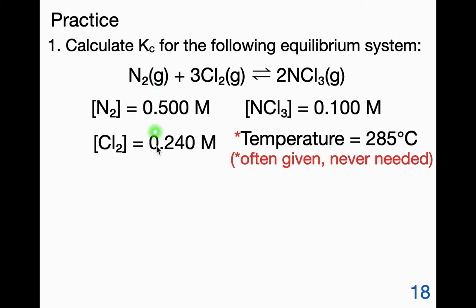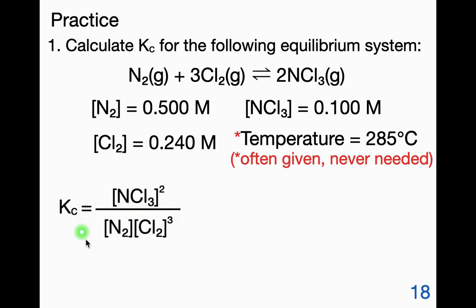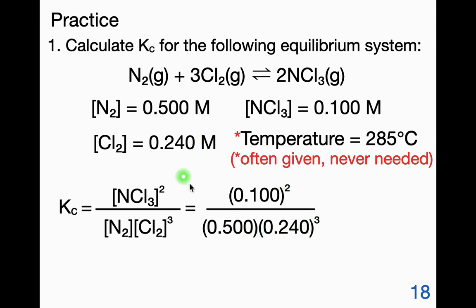Okay, so now to do this, first we want to write our equilibrium expression. That's the first thing you'd want to do. So nitrogen trichloride raised to the second power divided by nitrogen and chlorine raised to the third power. So now we can plug in the numbers. Now don't use brackets when you do the actual calculation. The brackets are a shorthand meaning molarity. After that, it's just a regular calculation, so you don't even really need the parentheses.